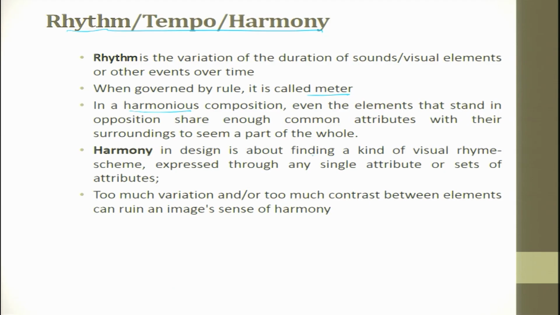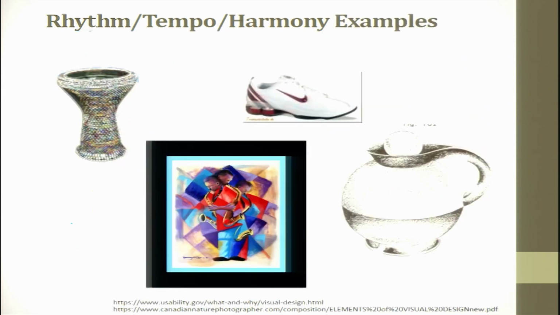Harmony in design is about finding a kind of visual rhythm scheme expressed through a single attribute or a set of attributes. So, rhythm and harmony are used as design elements. This is a rhythm. You also have a rhythm here, a harmony here, a tempo here.